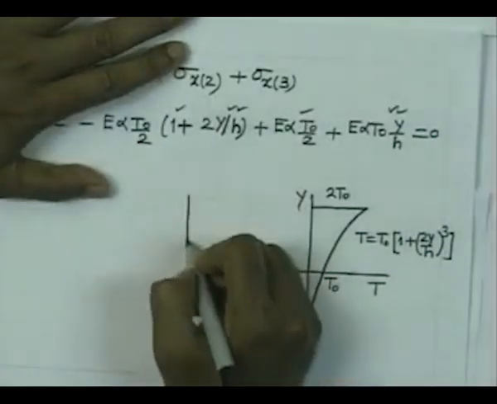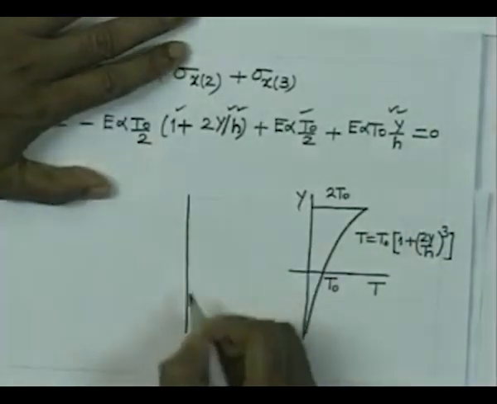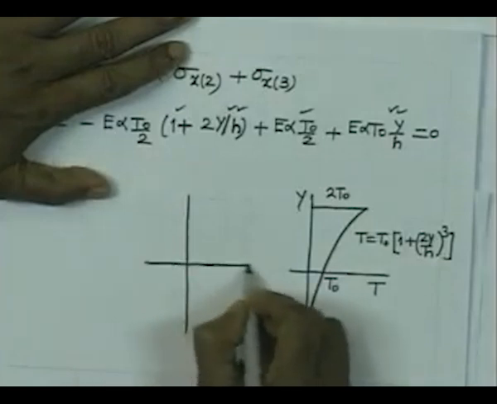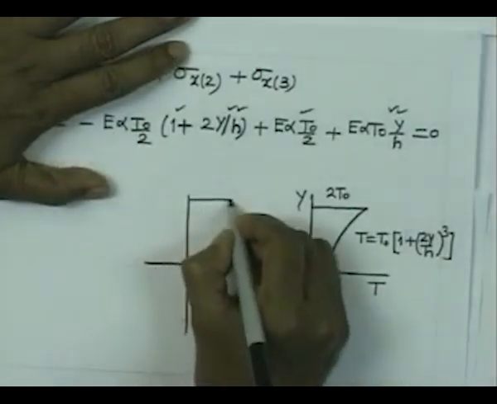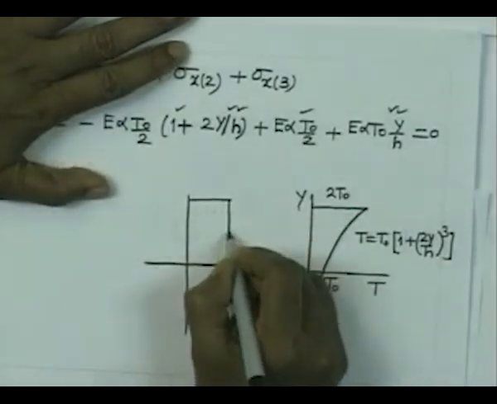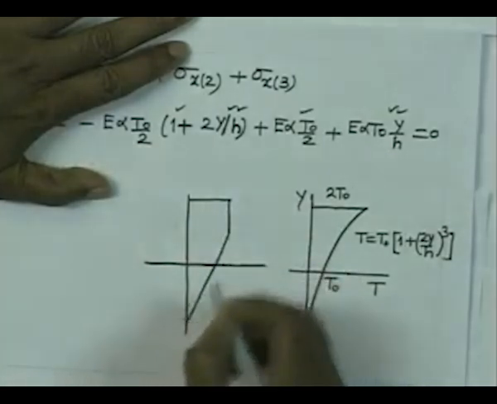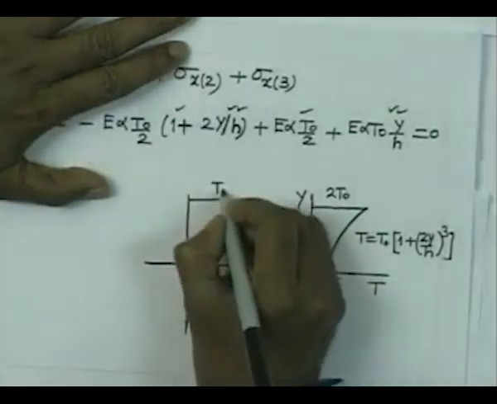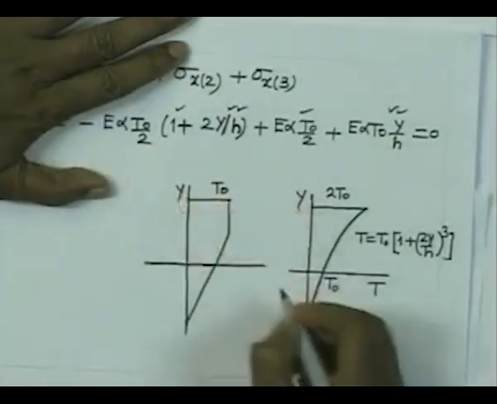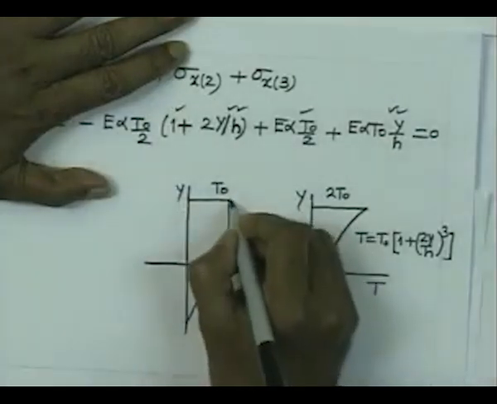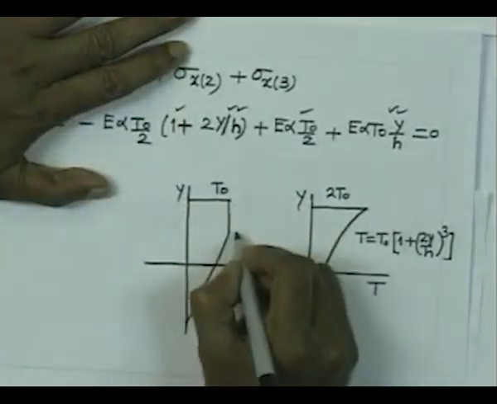Similarly, another example you can consider. Say this is T0 here, and at this height which is h by 4.